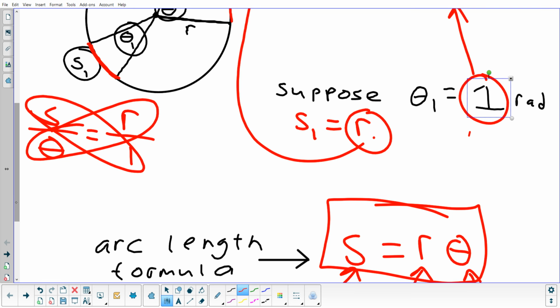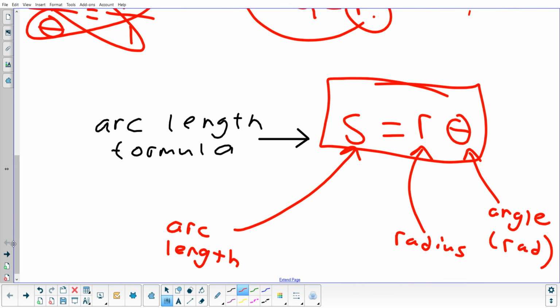When we did inches and feet, we only picked a 1 because that's an easy number to convert between inches and feet. But it has no effect on what numbers you can actually use in the formula. It's just an easy fact to remember that was true. And that's the whole key. You set up a formula, you got to start with something that's already true and build off that. And that's what we did. So S equals R theta.